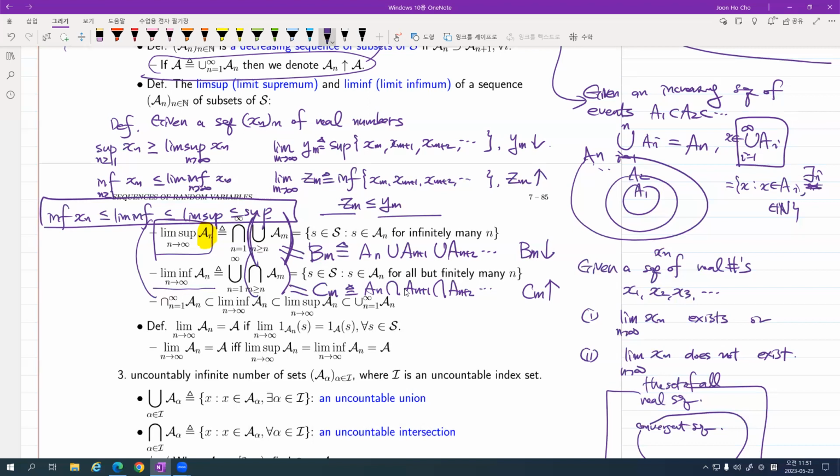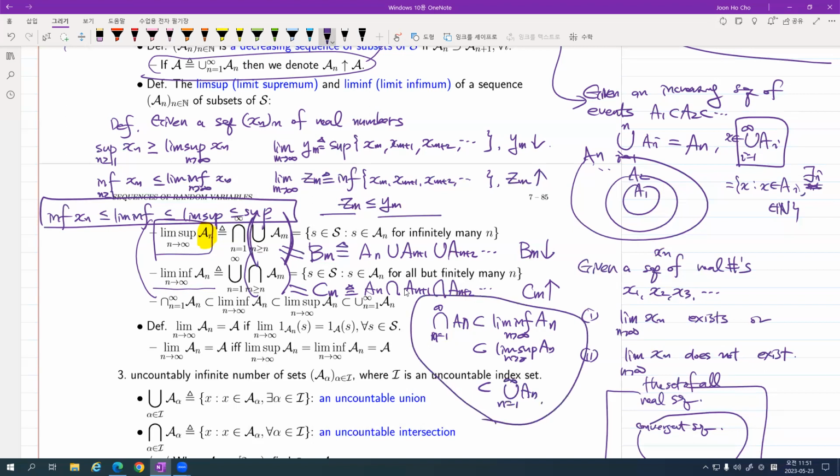So what you eventually have is this one. You have the intersection of all A sub i's. That is a subset of lim inf of A sub n. This is a subset of lim sup of A sub n, and that is a subset of the countable union of the events.